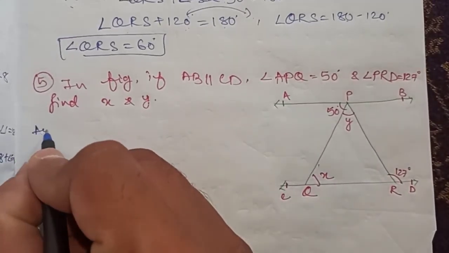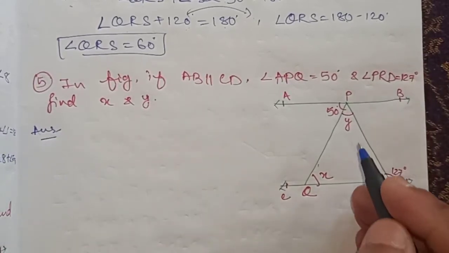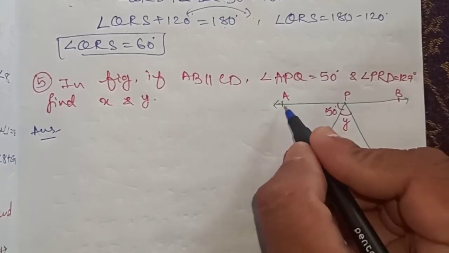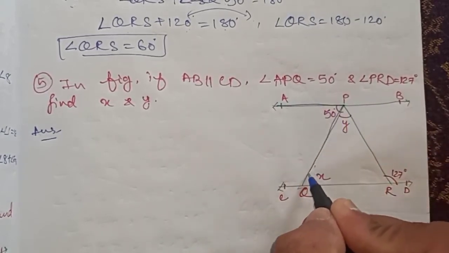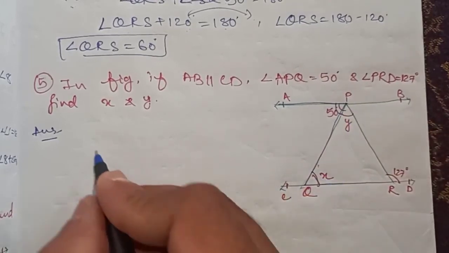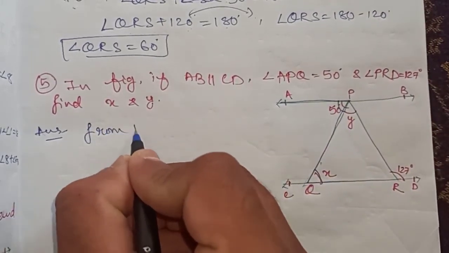Look at the diagram carefully. See, this is the first Z shape. In this Z shape, which two angles are equal? 50 degrees equals X. Directly we can write from the figure.